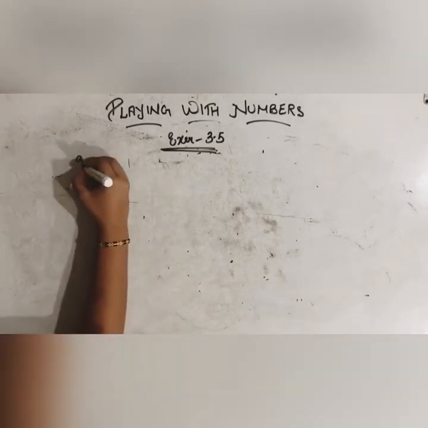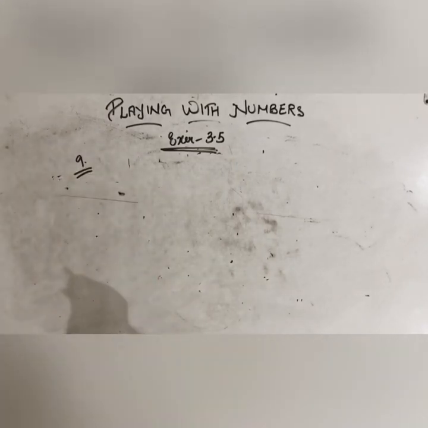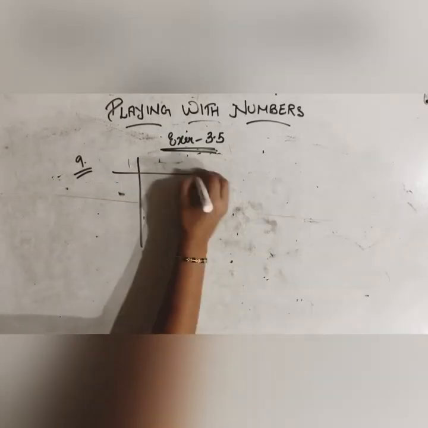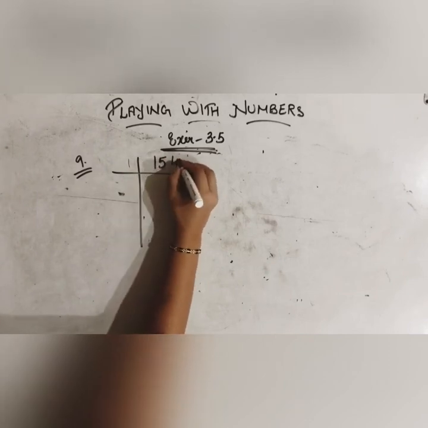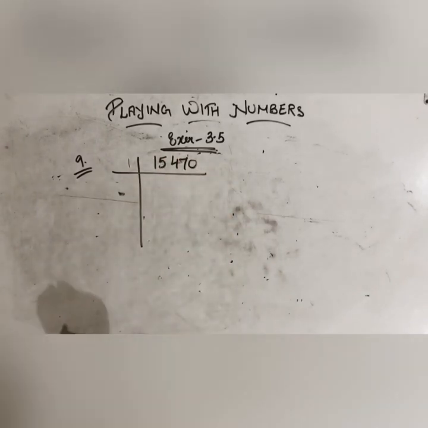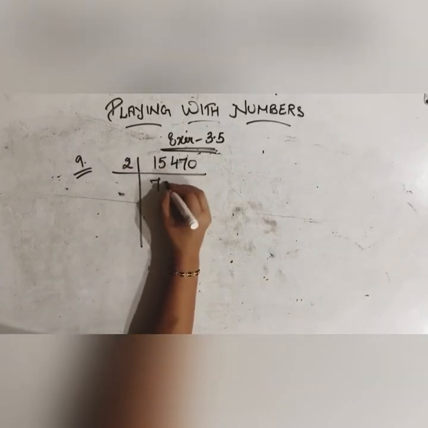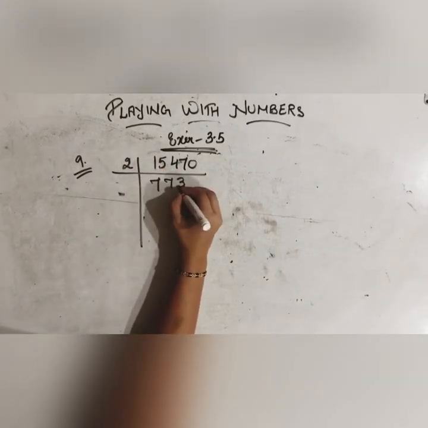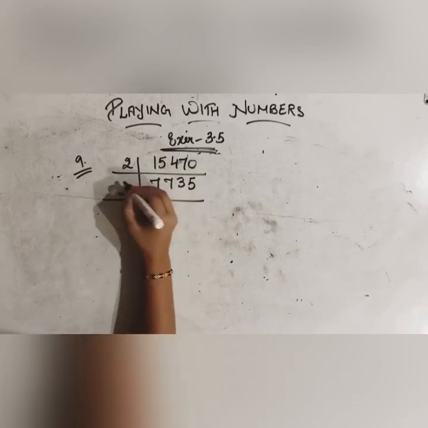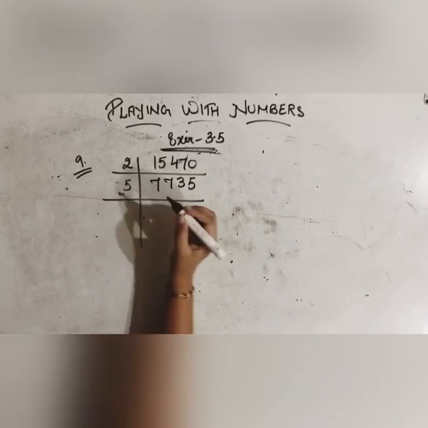Next is 9th question. Find the prime factorization of 15,470. We will start from 2. Now next will be 5.